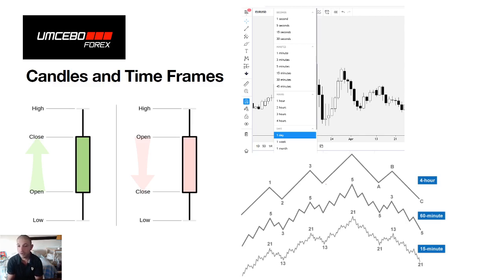Why is the indicator telling you to take the trade? Why is the signal telling you to take the trade? What's the actual mechanics behind everything that's going on? I think it's really important to understand these things before filling your charts with indicators, to actually keep thinking back to the concept of time and price.